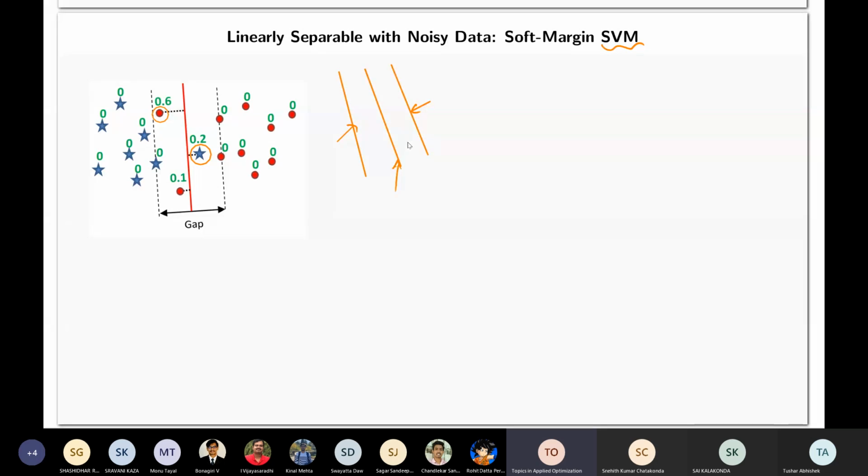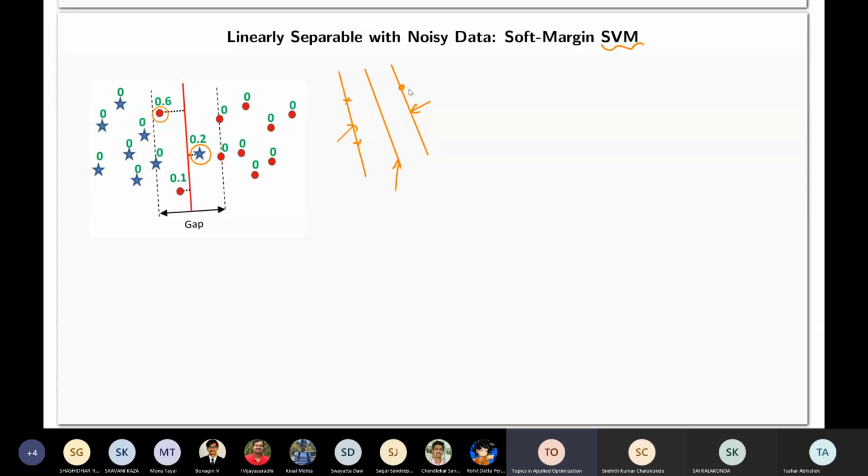The problem with this approach is that in practice the data do happen to be noisy, and even the supporting vector data may be noisy. So in that case we allow for some relaxation. Our margin is soft now, not hard.